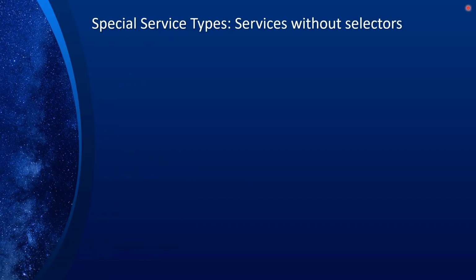Now let's take a look at the first type of what I call special service types, and that is services without selectors. As we just saw, we use normal services to provide abstraction over a number of pods, but we can also abstract other kinds of backends.